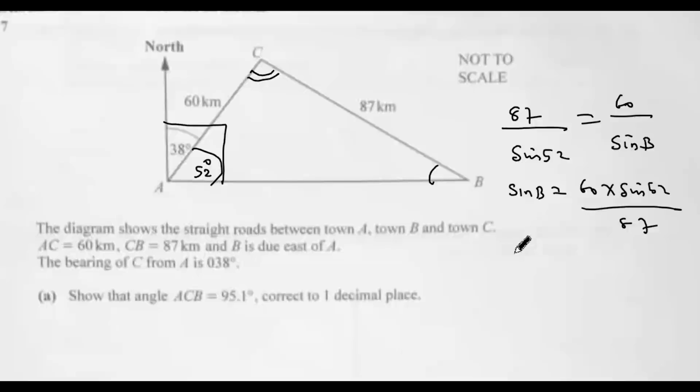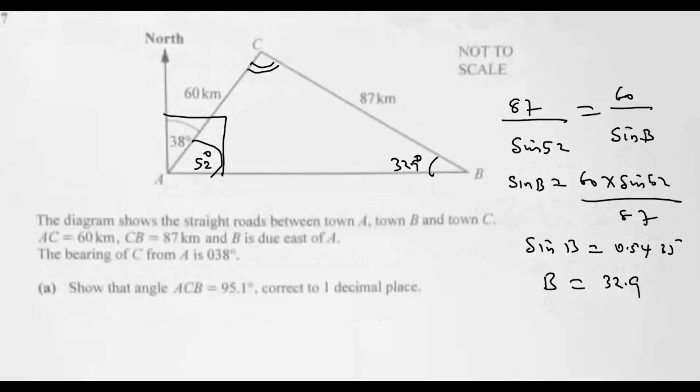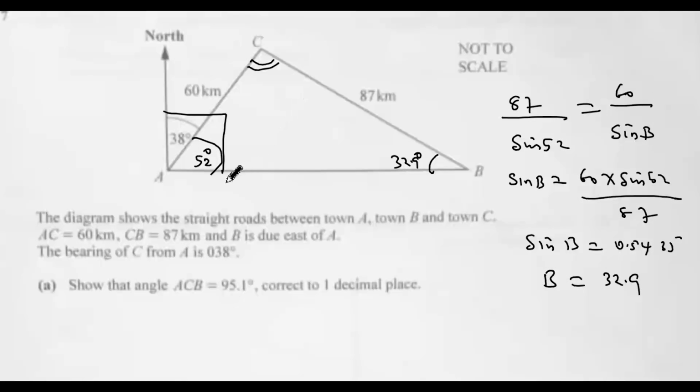So sine B will be equal to 0.5435. If you take sine inverse of both sides, B will be equal to 32.9. So angle B will be equal to 32.9 degrees. We can see that angle ACB, angle 52 degrees and angle 32.9 degrees add up to 180 degrees, because they are angles in a triangle.